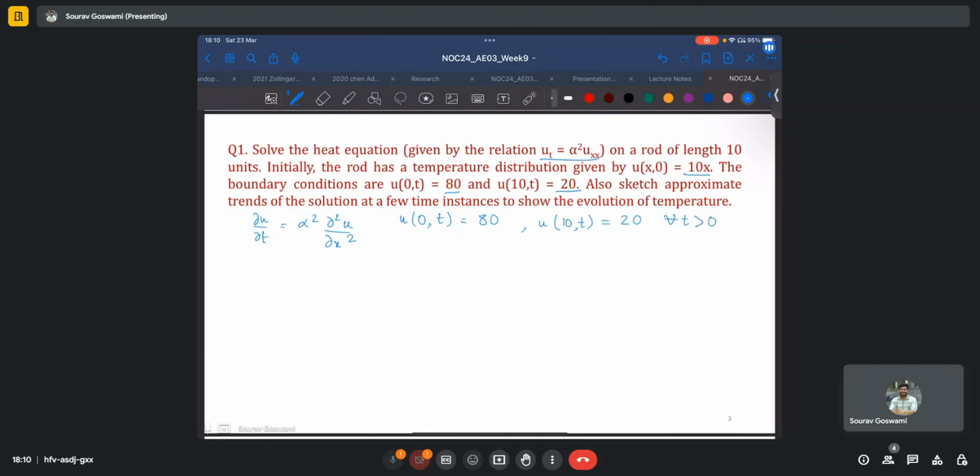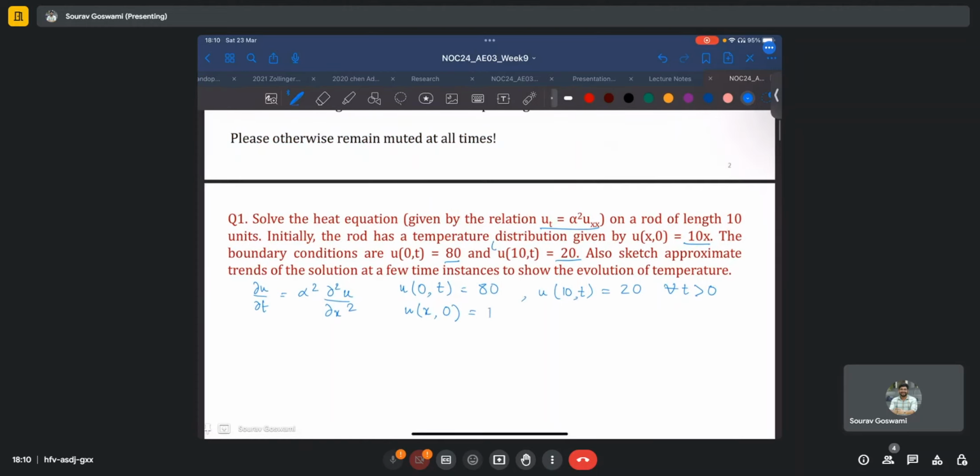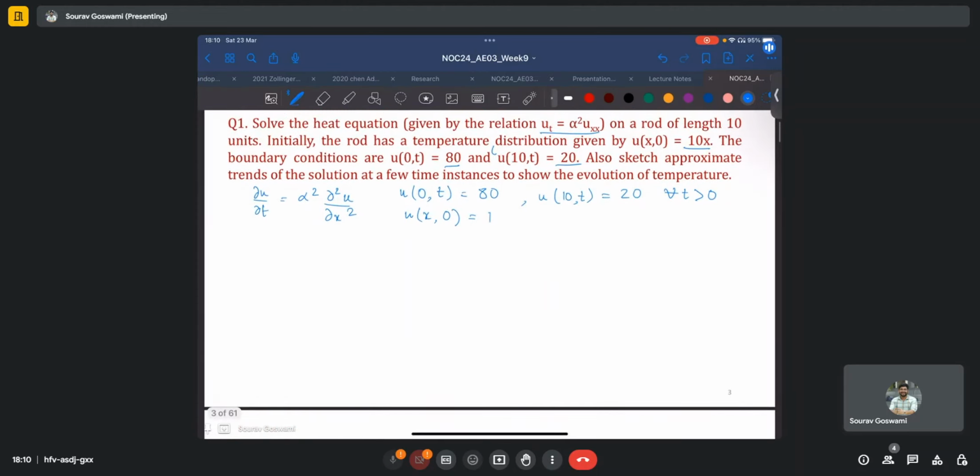And the initial conditions supplied to us, the initial distribution of temperature at time t equals 0, is the function 10x, where 0 is less than or equal to x is less than or equal to 10.